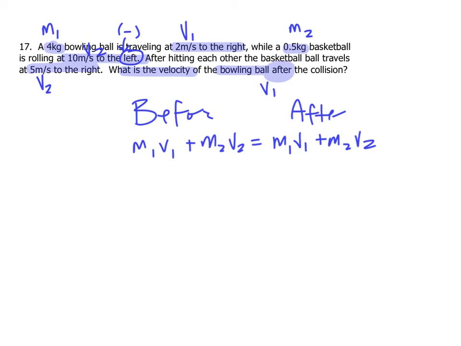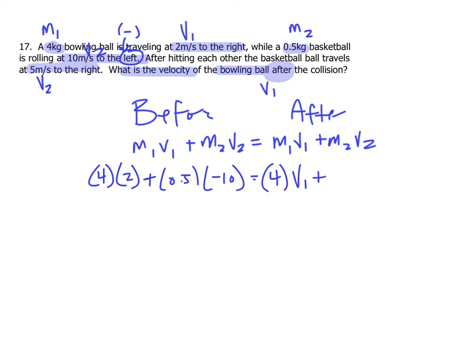The bowling ball has a mass of 4 and a velocity of 2 to the right, plus the basketball has a mass of 0.5 and it's traveling 10 meters per second to the left, so that's a negative 10, equals. Now, after the collision, their masses do not change, so it's 4 kilograms for the bowling ball. The velocity of the bowling ball afterwards, that's what we need to solve for, so that's V1. Plus the mass of the basketball, 0.5, and its velocity is 5 meters per second to the right.